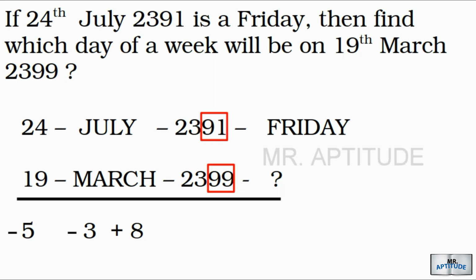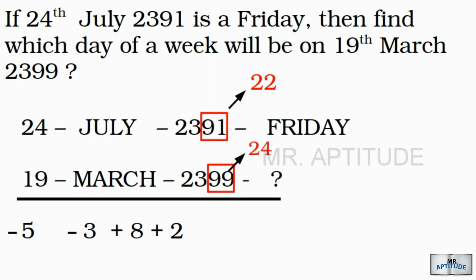How many leap years that you observe among 91 years? 22. Number of leap years that you observe among 99 years? 24. Now difference between these two is 2. From 22 to 24, as the value increased, I want you to write it as plus. And the difference between these two is 2. So I want you to write it as plus 2.